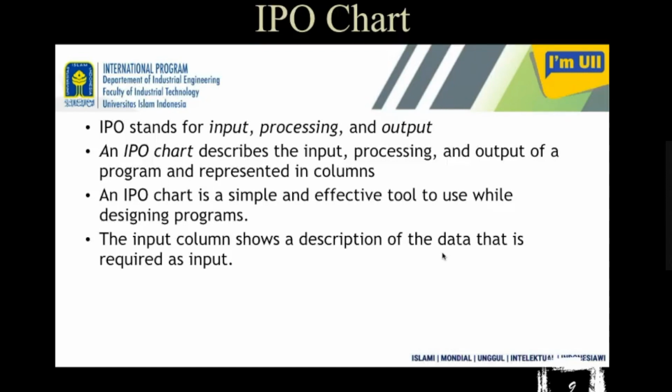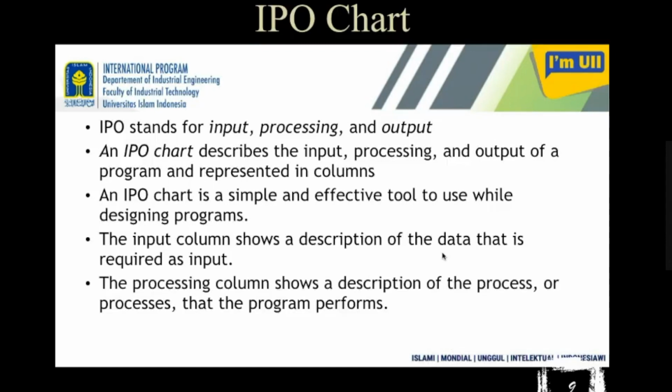So what input data you have to collect, and what is the meaning of those input data? All these things will be explained in the input column. The processing column shows the description of the process. That means what processes will be used, and the explanations of those processes, will be presented in this processing column.